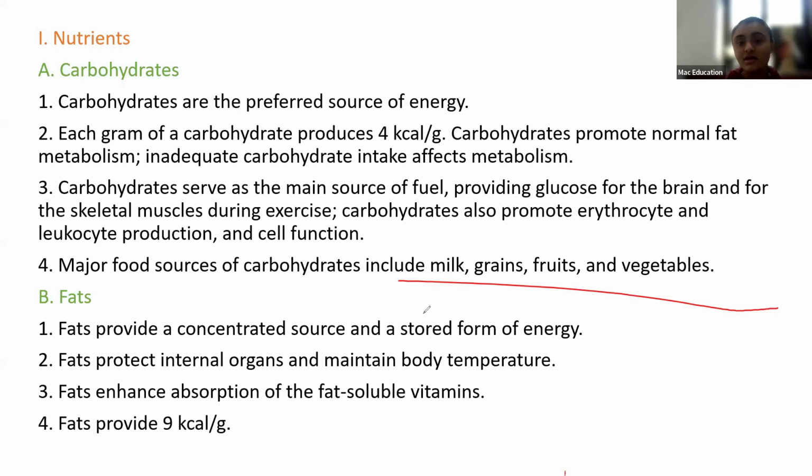For example, a person who has less fat in the body will become cold sensitive, they will feel more cold, because there is not enough fat in the body. And a person who has more fat, fat provides insulation, so they will feel less cold. Fat enhances the absorption of fat soluble vitamins. If there is no fat, how will fat soluble vitamins be absorbed? So fat is required for their absorption. Fat provides 9 kilocalories per gram. How much energy can 1 gram of fat provide? 9 kilocalories per gram.